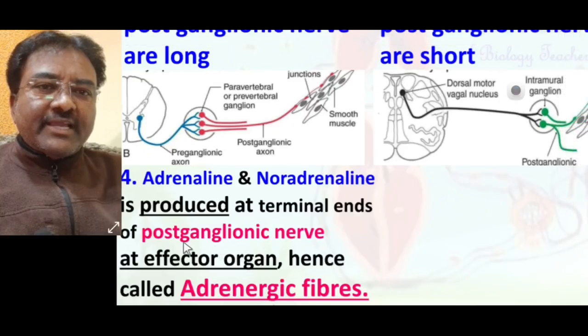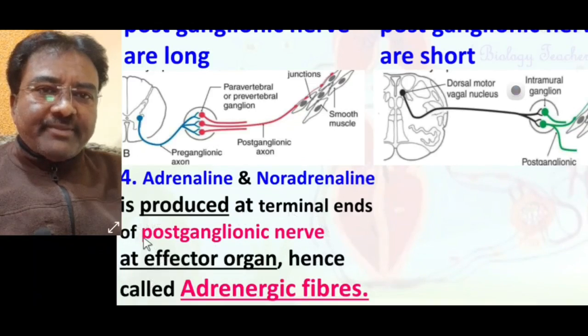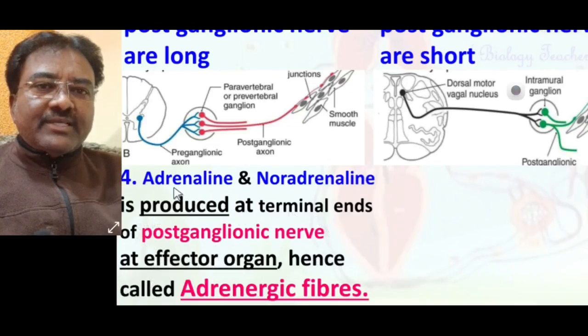Why are these postganglionic nerve fibers called adrenergic fibers? Because the postganglionic nerve terminal end produces adrenaline and noradrenaline chemical material, so we call them adrenergic fibers.